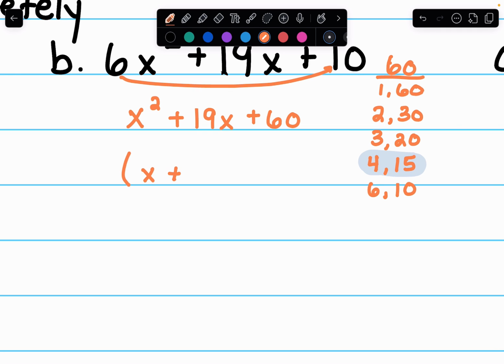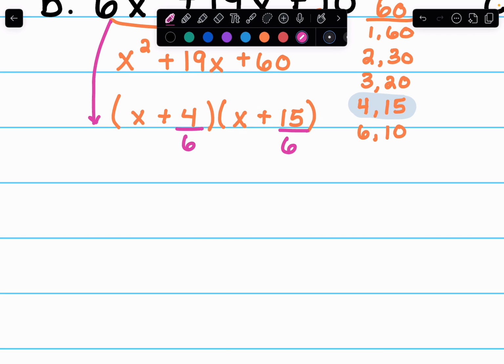So x plus 4, x plus 15. That's not our answer. We still have to divide by 6 and simplify our fractions down. 2 goes into both of these, so that's 2 over 3. 3 goes into both of these, so that's 5 over 2.